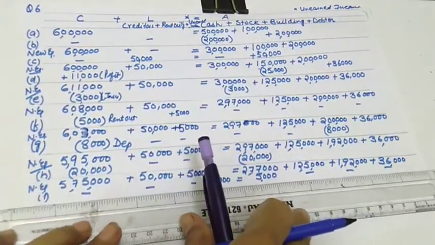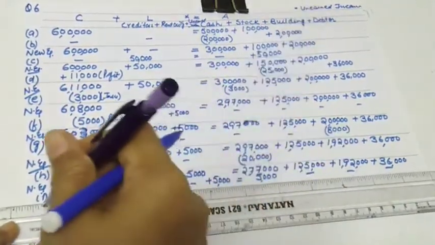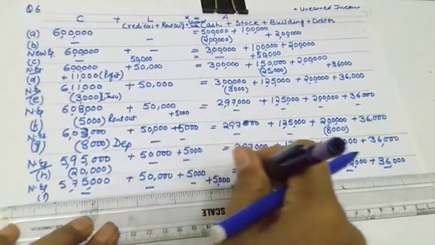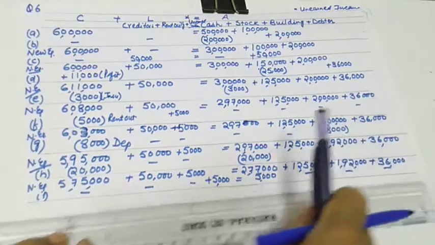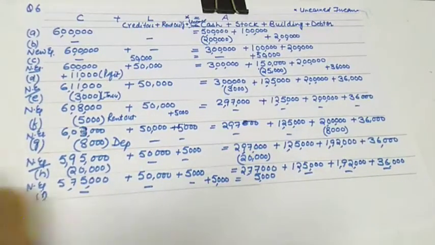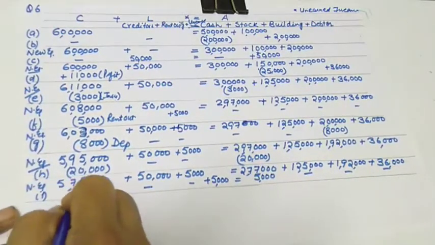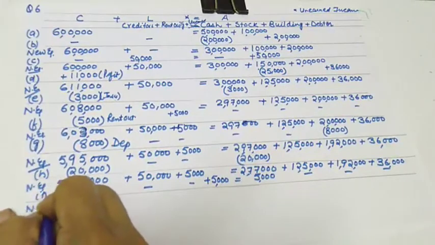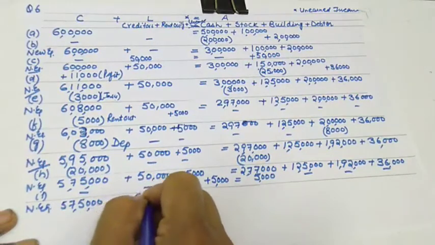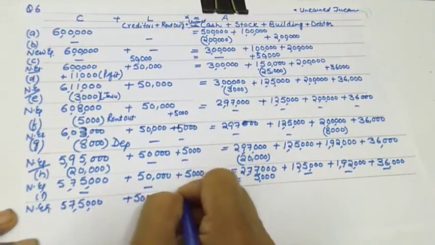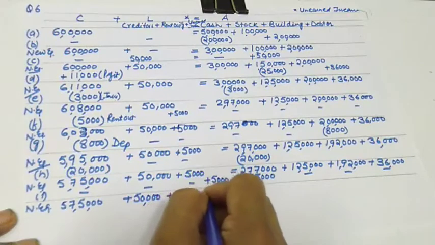So my new equation will be: as it is capital. This is my new equation. 575 plus 50,000 as it is, plus 5,000 and a new 5,000.